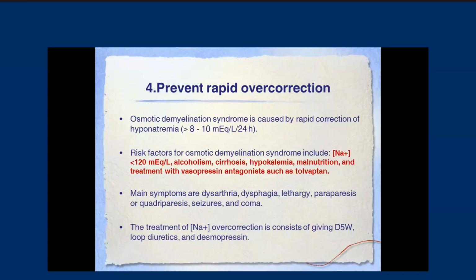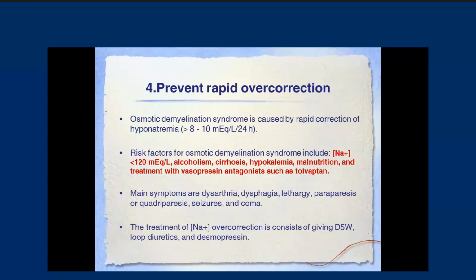Those patients with SIADH due to transient causes like nausea, pain, or medication, removing these agents or treating the pain will result in a sudden increment in sodium level, or overcorrection of sodium level. So with this type of patients, we need to be cautious enough.